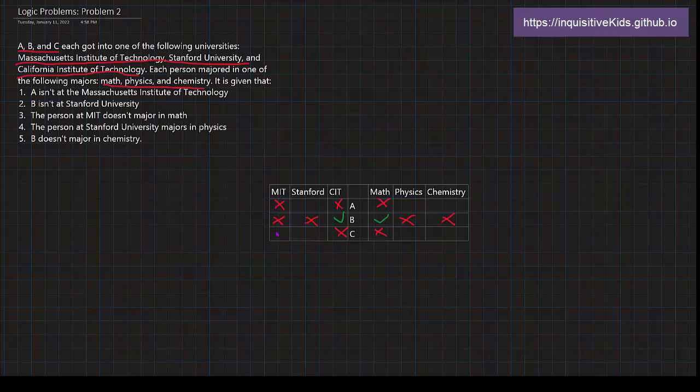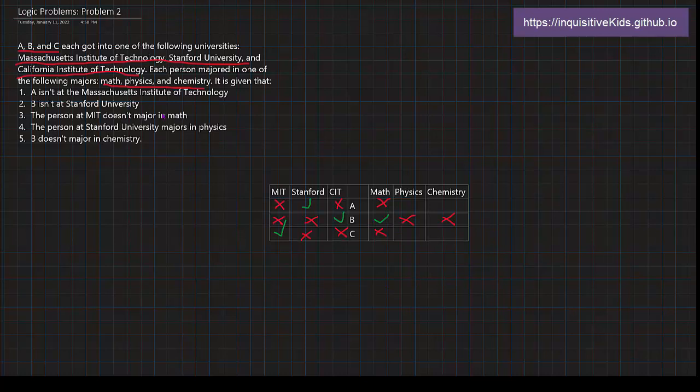As you can see in MIT's column, C is the only person who qualifies, which means that C goes to MIT. So this is the part where we get to cross things out all over, kind of. Alright, so then that crosses out. So who goes to Stanford? A goes to Stanford.